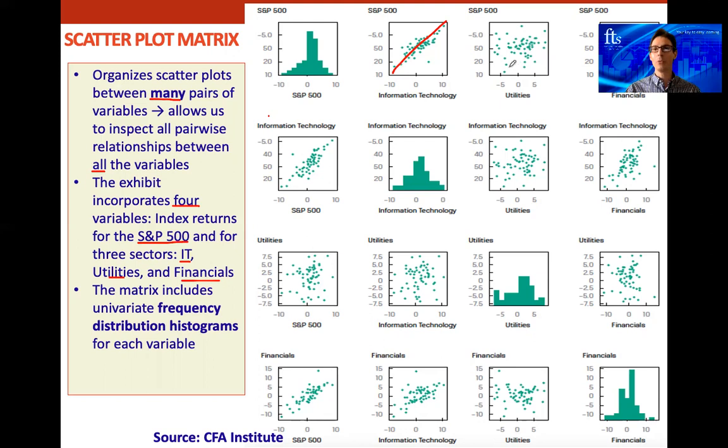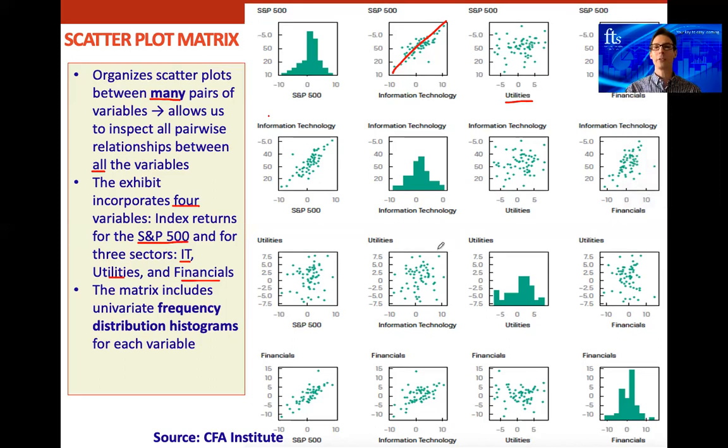So for utilities, there's no clear association with the S&P 500. Utilities, if you're not aware, are things like electricity companies and water companies. And with financials, we can see there's quite a strong association with the S&P 500. You can also draw more or less a straight line there.